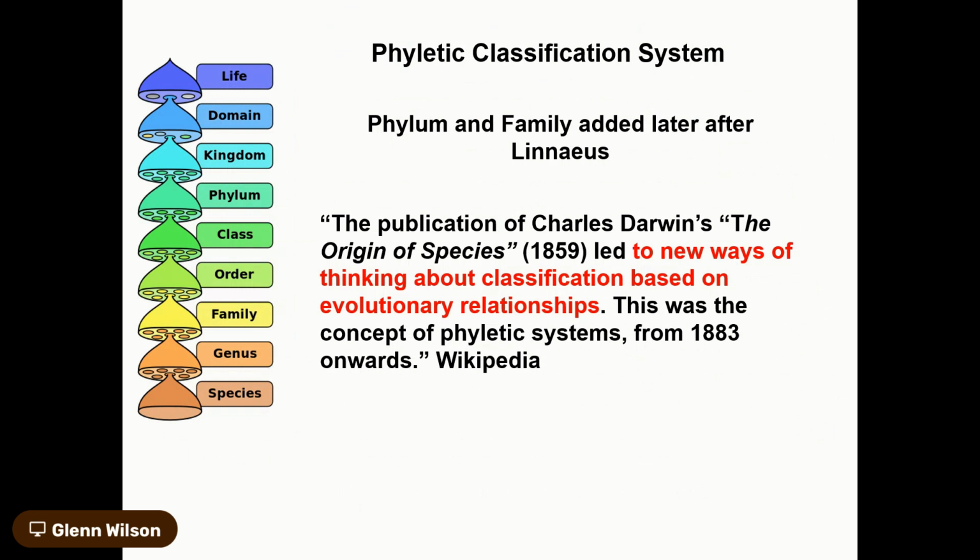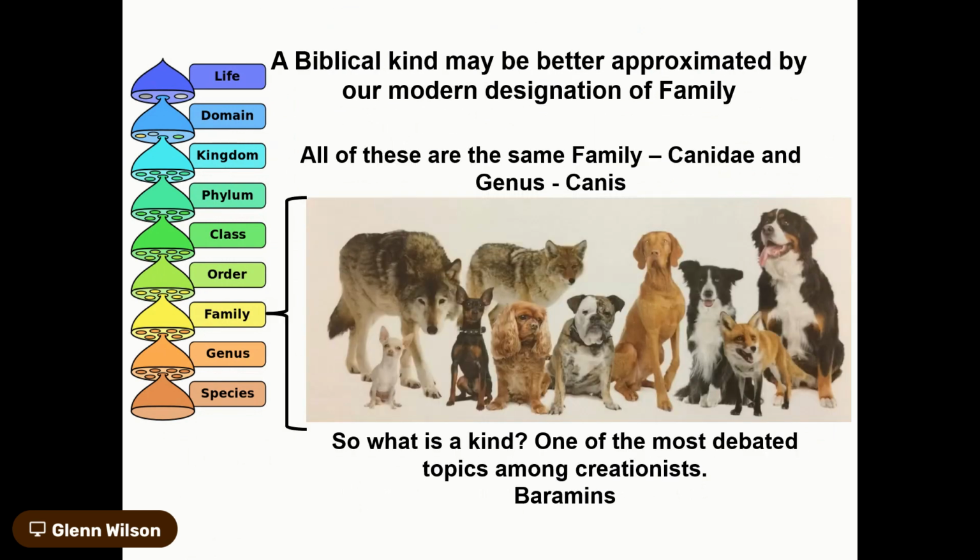They've added in two new classes, the phylum and the family just above genus. But they've used this classification system to try to show it's based on linkages, that they want to show how life forms evolved, when in fact the whole premise of the phyletic system is that they are distinct kinds. So the question is really, what is a kind?